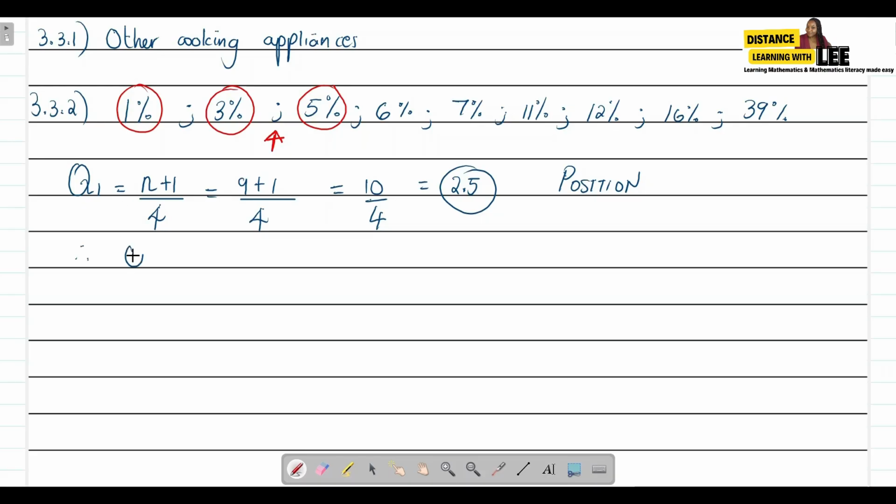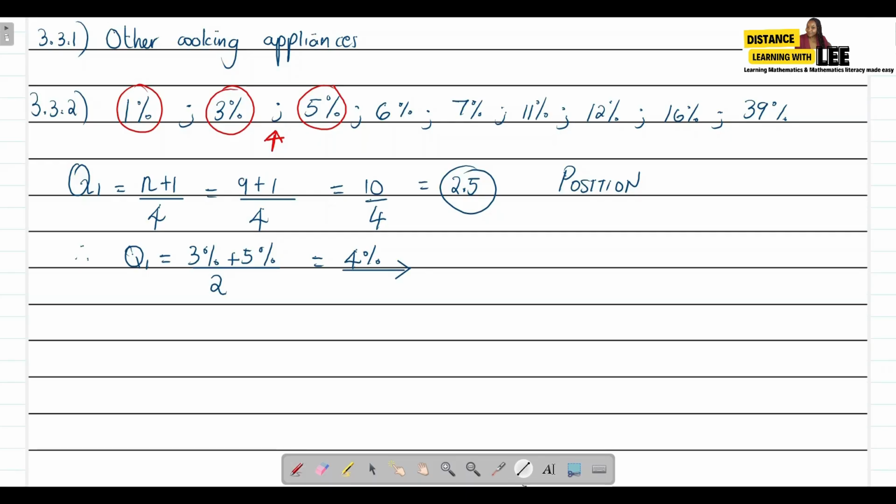Q1 is equal to 3% plus 5% divided by 2, because position 2.5 is in between these two values, position 2 and position 3. If you take 3% plus 5% divided by 2, you will get 4%. Therefore, our Q1 is 4%.